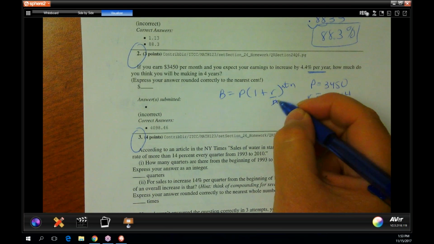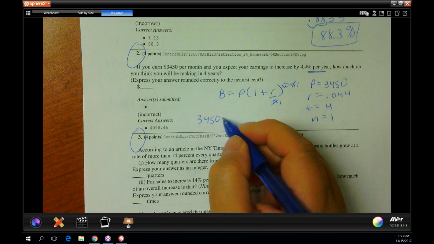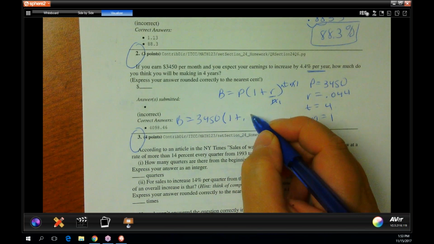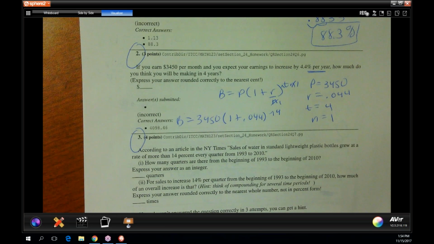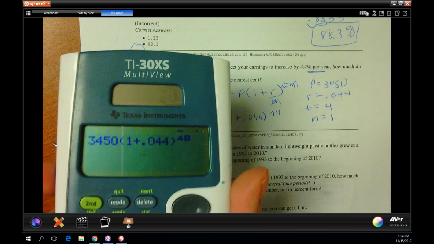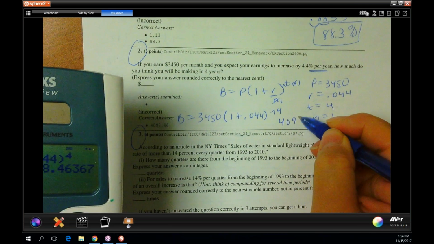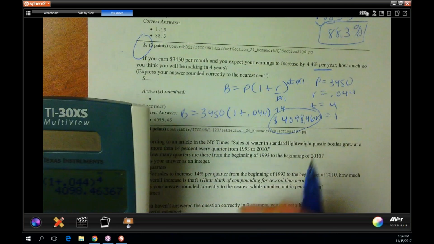This can be to the nt, but these are just 1. So we have 3450 times 1 plus 0.044 to the power of 4. Remember your calculator work. It's been a couple of weeks since you put these in your calculator. You used Excel the last couple weeks. And we get 4,098.46.